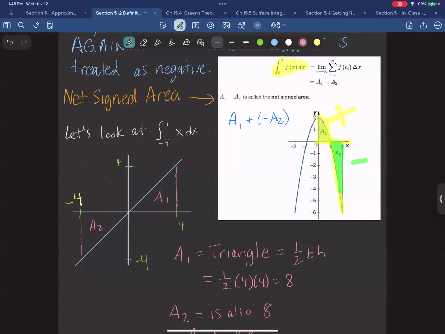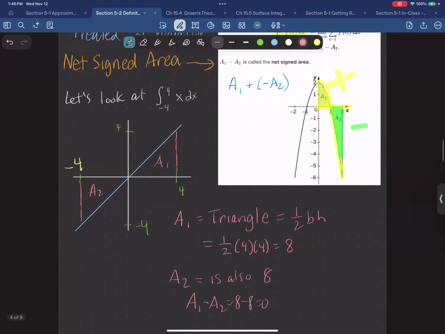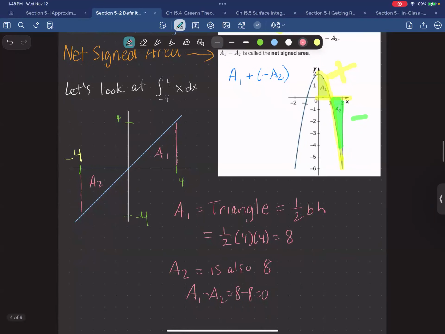So if we do A1 plus negative A2, or A1 minus A2, we get 8 minus 8, which is 0. So the net signed area for that graph is 0.